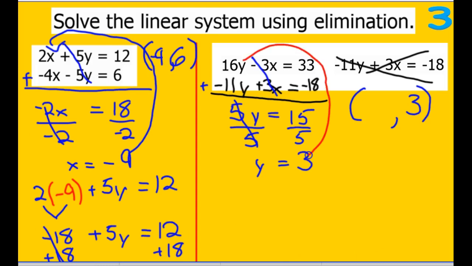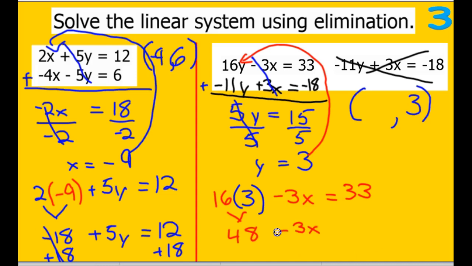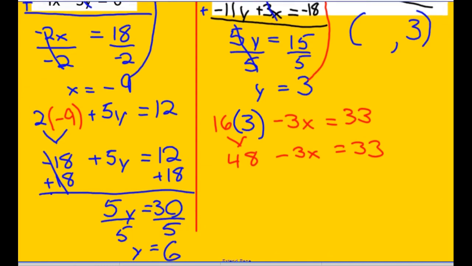So if we just plug it in for this top y, we get 16 times 3 minus 3x equals 33. 16 times 3, that is 48, minus 3x equals 33.